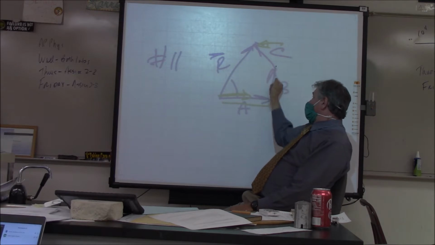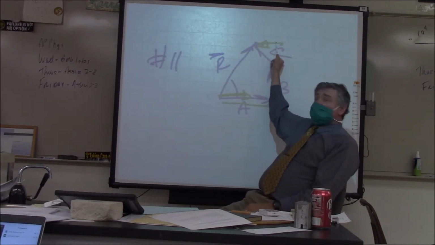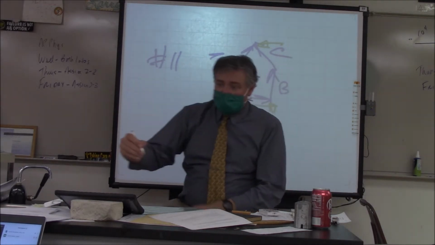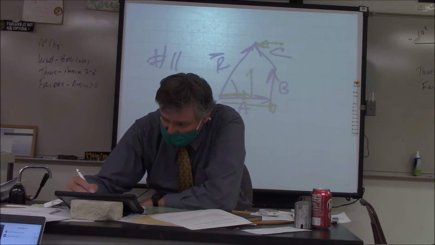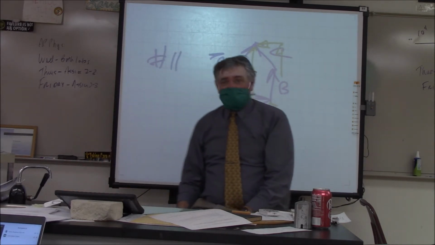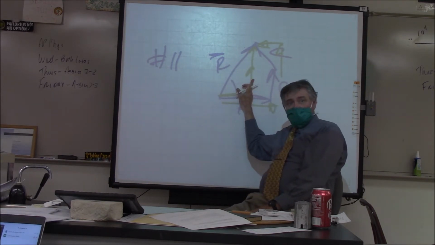Then I've got the y component of B, which is all in the y, and then C's y component, which is going up like this. So to go up, I go up vector B, and then whatever the y component is of C. Now I've got a right triangle in here.